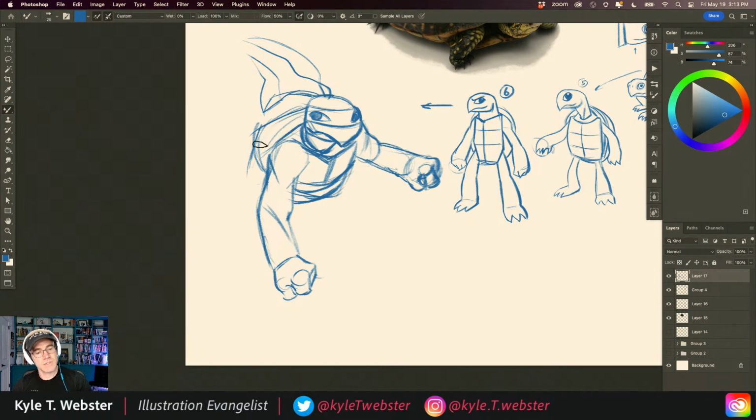And we're taking this shell design here, it's giving a little hexagonal kind of thing going on there. Keep it nice and geometric. Okay, wrap around there.